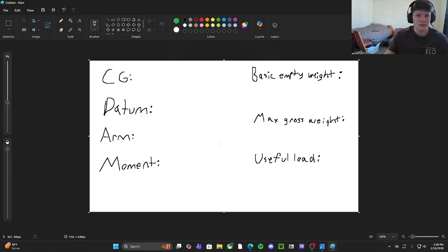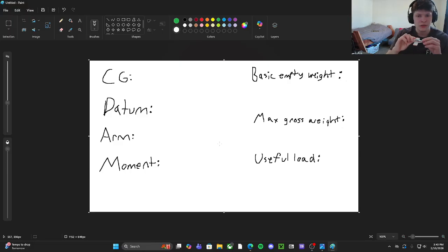To start off, CG stands for center of gravity. Essentially, center of gravity is just the point on an aircraft at which the entire aircraft's weight or mass is centered. Imagine that you have a plane, and there's weight back here, there's weight in the engine up front, there's weight on the tip of the wings, the weight of the people sitting in there, or wherever the fuel is.